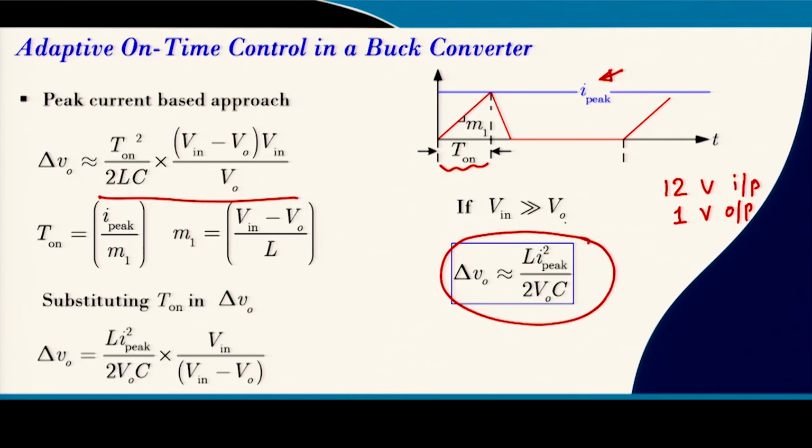We will discuss this in the context of light load control. If we keep a current-based constant on time, it is also known as adaptive on time, or PFM, pulse frequency modulation control.